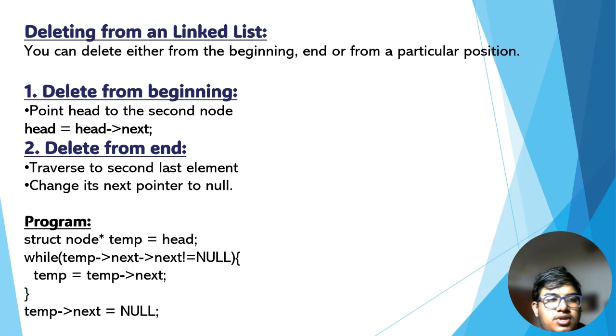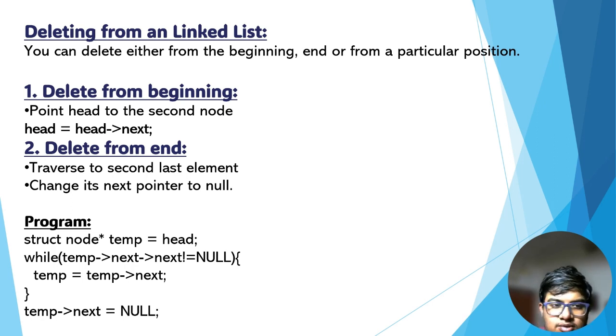So deleting from the beginning: the head that is pointing to the next one, if you just delink that reference and make sure it doesn't point to the next node, you have deleted it.